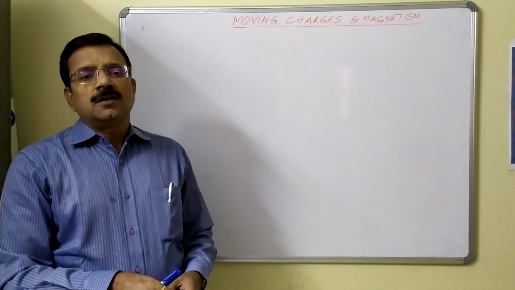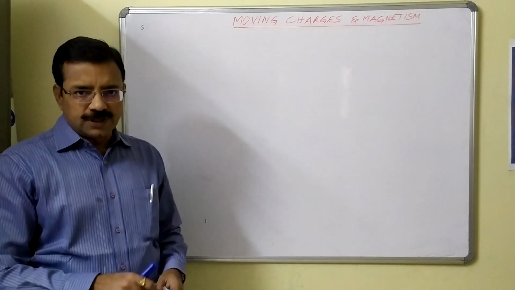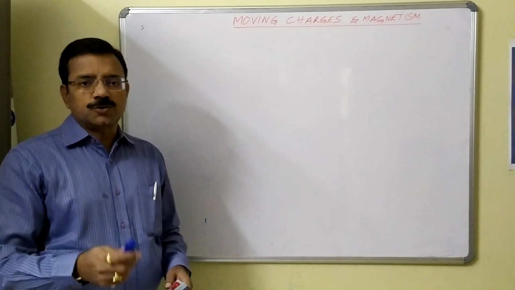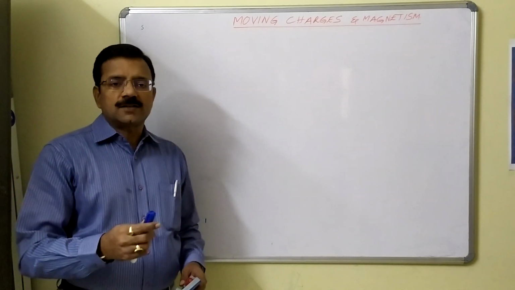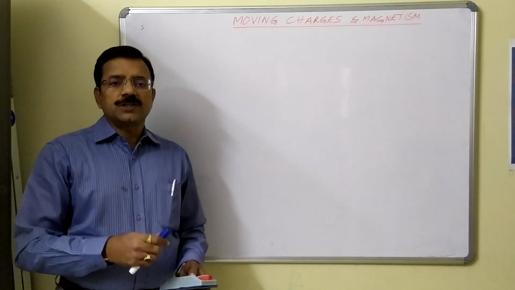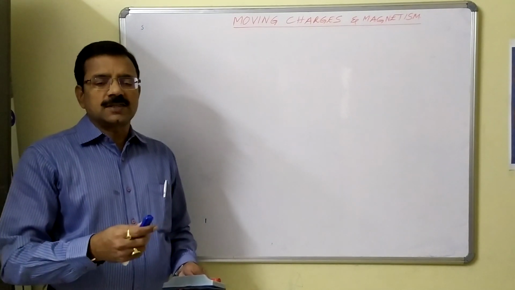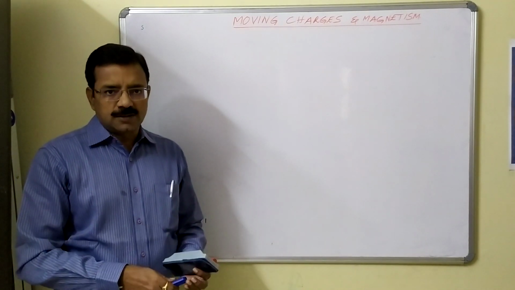That is, a stationary charge produces only electric field, whereas a charge in motion produces both electric as well as magnetic fields. Not only moving charges, even a current carrying conductor produces a magnetic field around it.